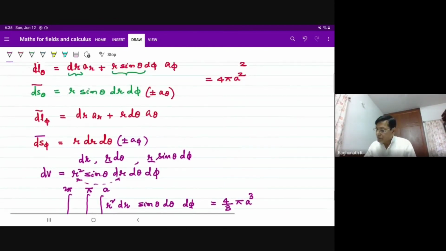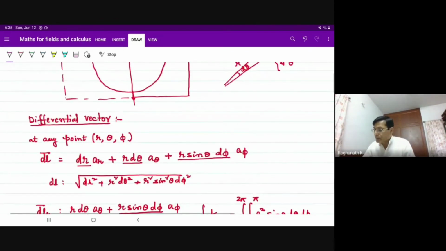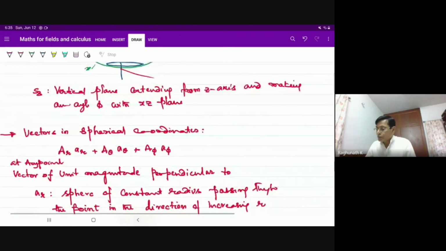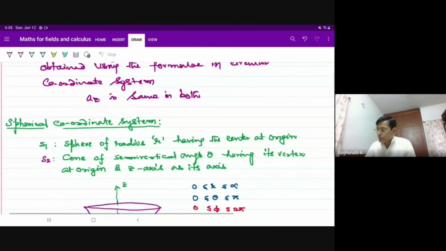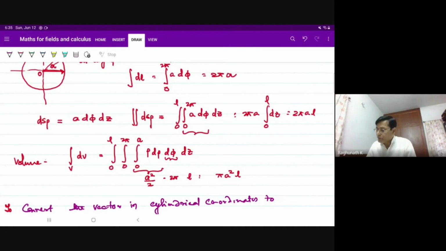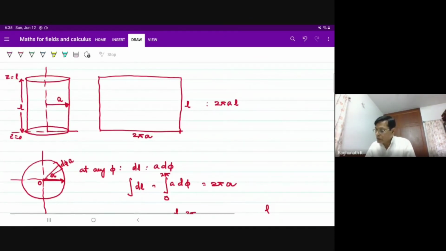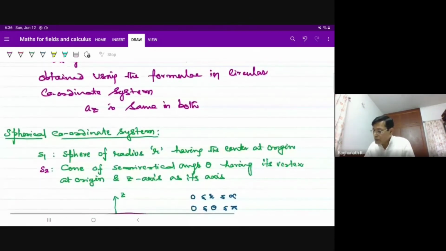Please check it. These are all the things that I will be using in the topics to come. This is all about the spherical coordinate system.